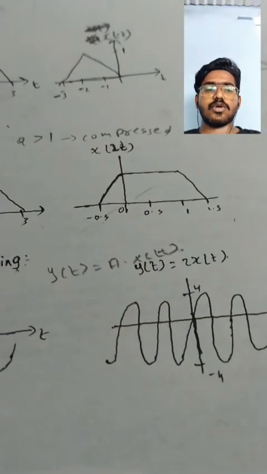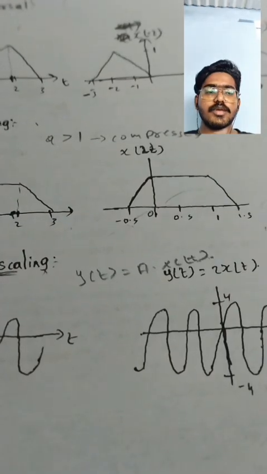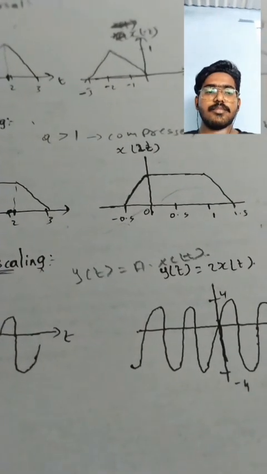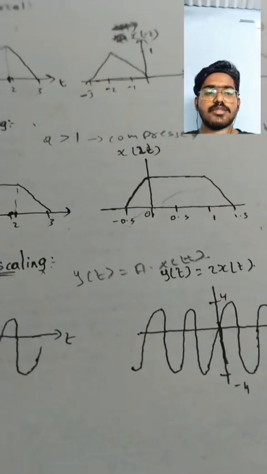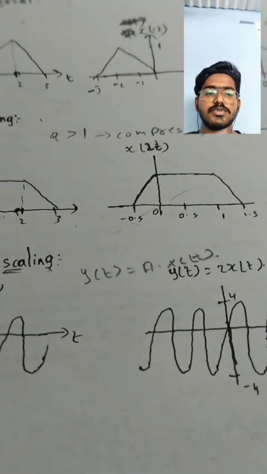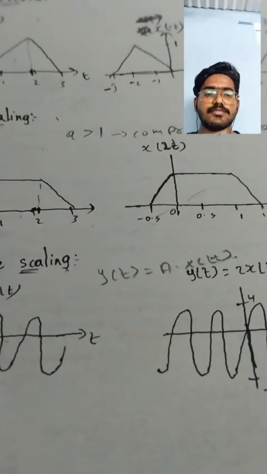Amplitude scaling adjusts how strong or weak a signal is. Increasing amplitude makes it louder or stronger, while reducing it makes it weaker. Think about increasing or decreasing the volume of a sound. That's amplitude scaling in action.